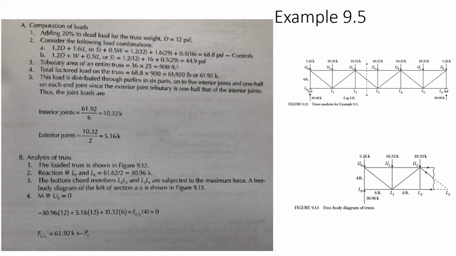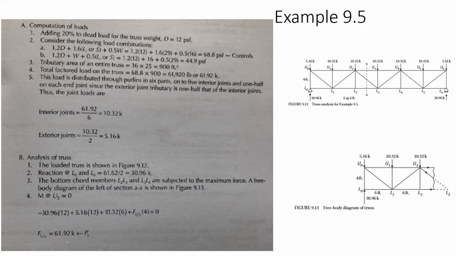This one is counterclockwise, so it's positive times 12. This one is counterclockwise, positive times 6, times the force FL2 L3, and this one is also clockwise times 4, which is the vertical distance from here to here, and then we find the force to be 61.92 kips.